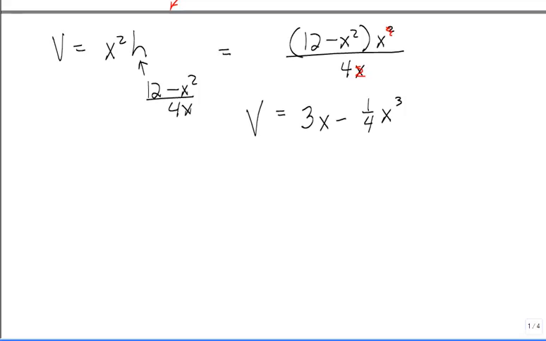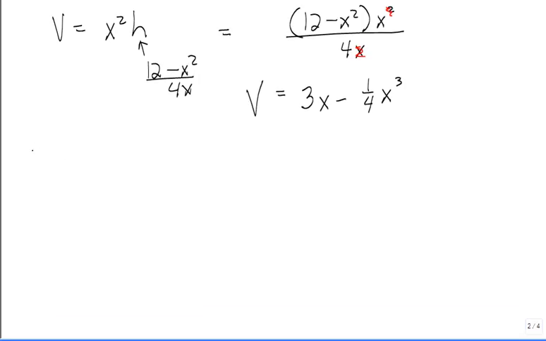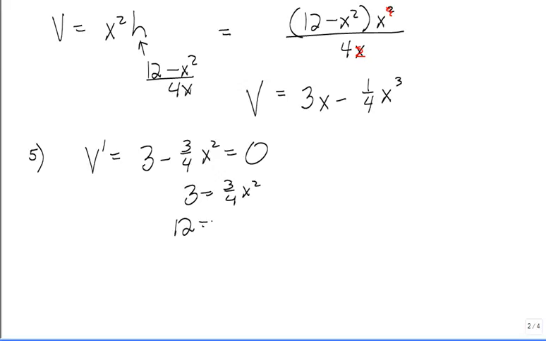So now I'm ready to take the derivative. So that's step 5. V prime is 3 minus 3/4 x squared. Find the critical point by setting it equal to 0. x squared equals 4, x equals 2.